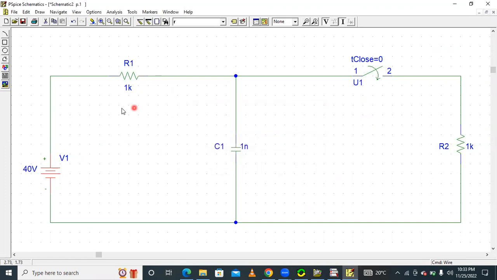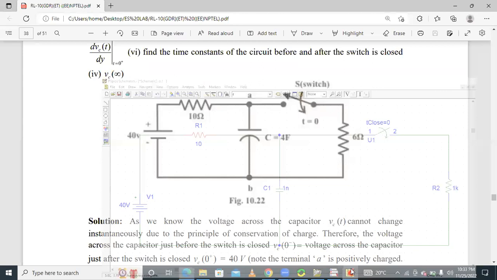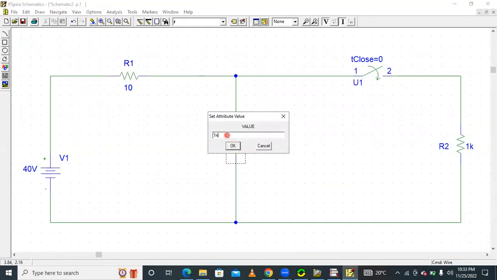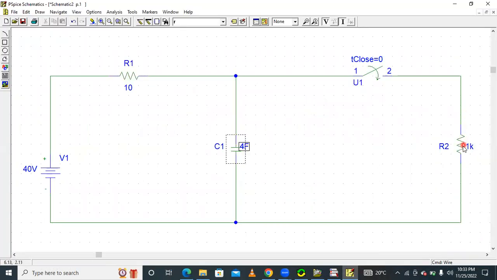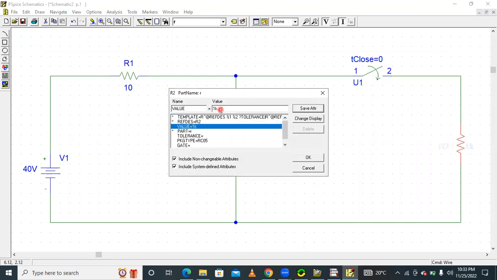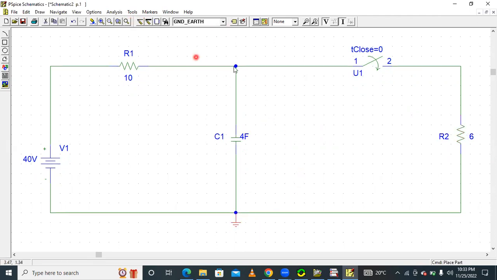The resistance is 10 ohm, so the value of resistance is 10. Next the capacitor is 4 farads. Then the switch is closed at t equal to 0. Then the 6 ohm resistance, value of resistance is 6, place it here. Similarly, take one ground, connect it here, and zoom to fit.